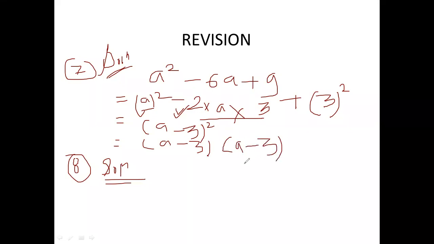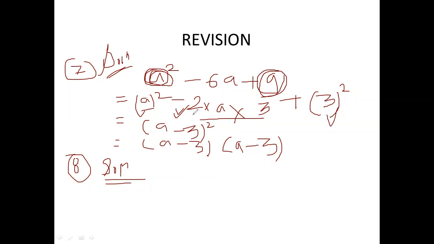Yes, sir. Okay. Now I am giving you a similar question to factorize. Sir, can you tell again that first number one? This is number 7. First, we have to express the first term as a square. Okay, this one. And this last one also we can express as a square.